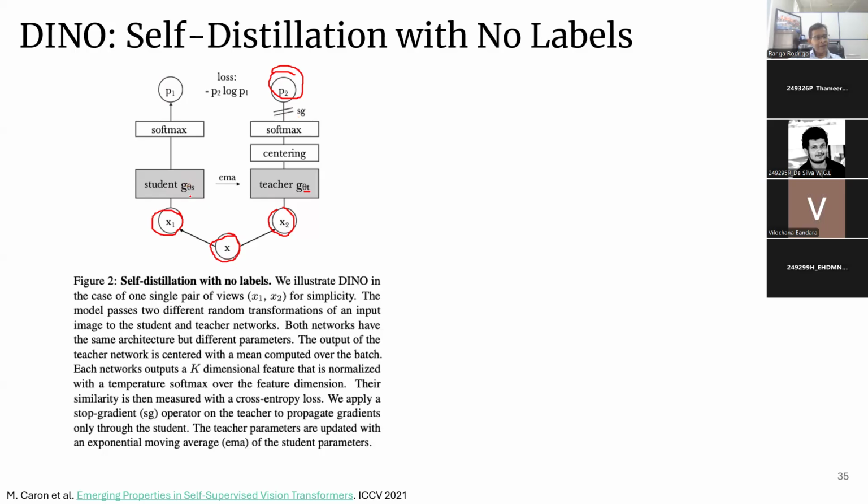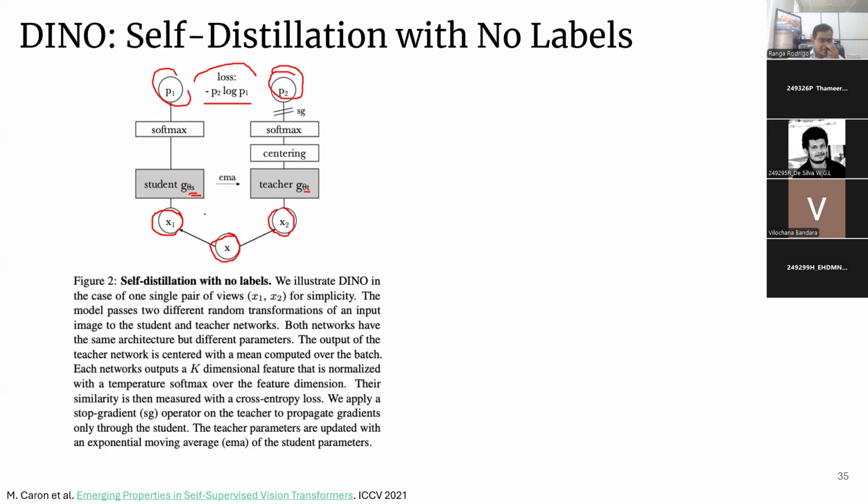Then you have the student with parameters theta s, the parameters of the student network, and it produces P1 and P2. P2 and P1 must be the same because they come from transformed versions of the image. Therefore, you can think about the cross entropy and use that as an optimization objective.